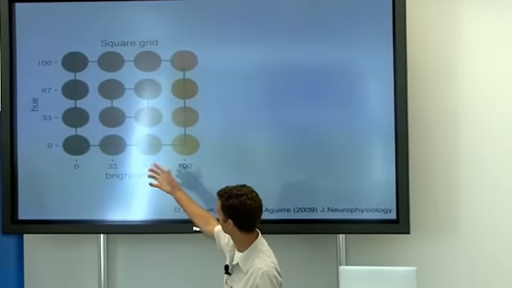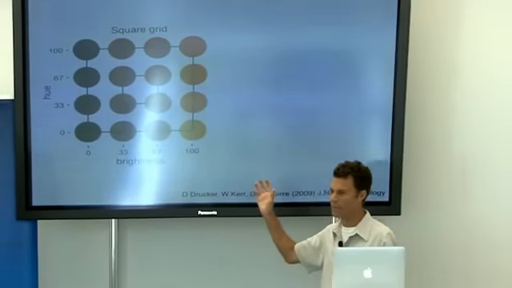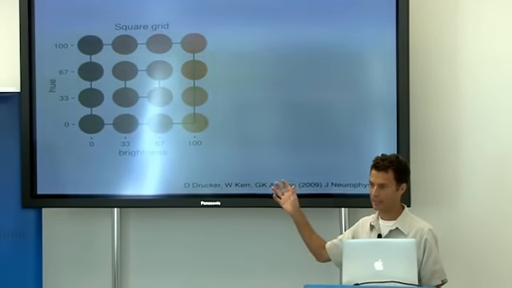So to do this with functional MRI and within this carryover approach, there are a couple of optimizations that must be done. So here's one optimization. So far we've been talking about a set of stimuli from a square grid. It turns out this isn't the best way to examine these ideas.